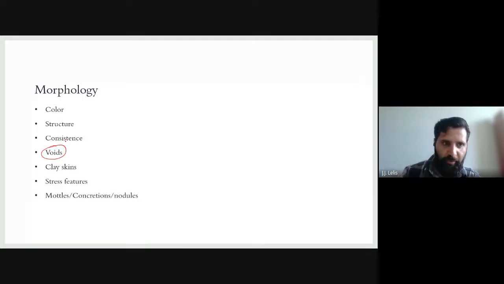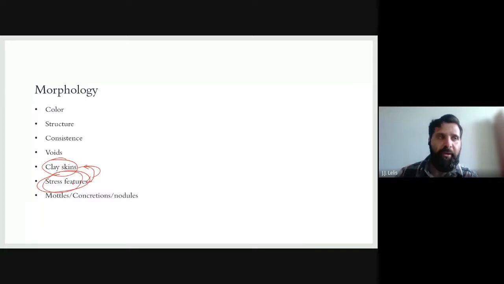We usually describe some voids in each horizon or layer that we describe. We usually describe the clay skins when they are present in that horizon or that soil. We also describe stress features if they are present, okay? In the next class, we will discuss the difference between these two features, the clay skins and the stress features. They are quite different, but in the field, they look similar.